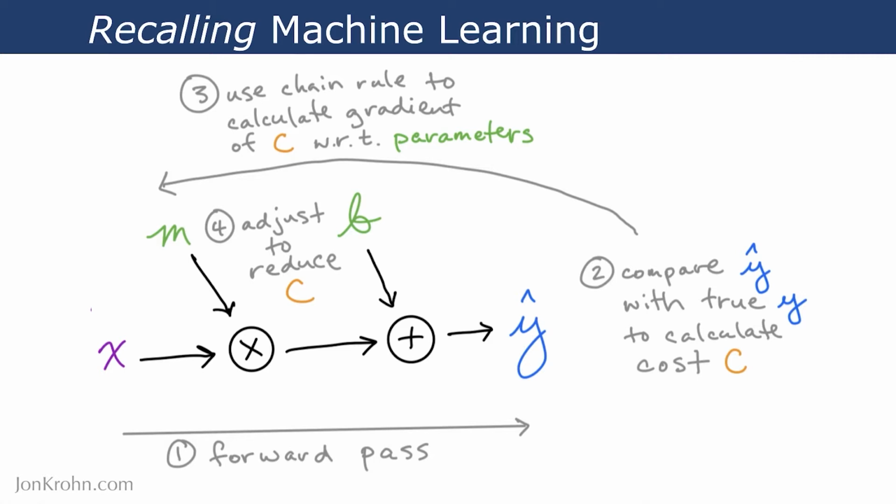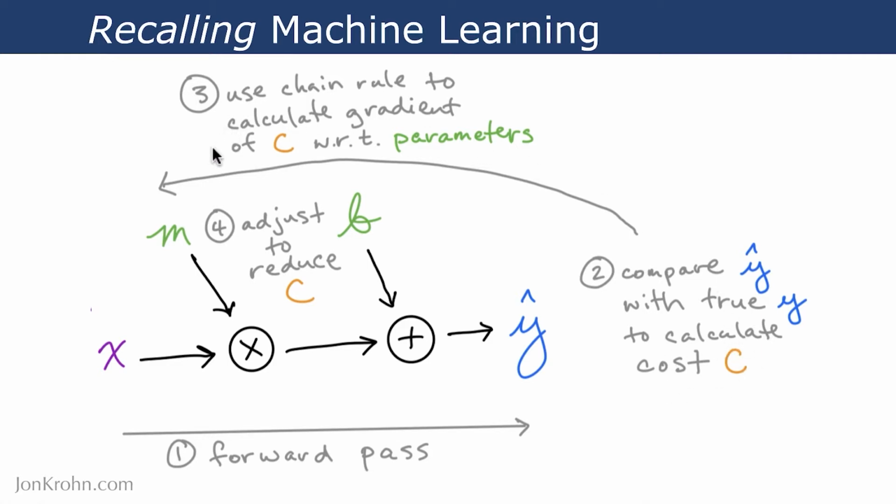In step 2, we take those y hat values, those estimates of what the output from the model should be, and we compare them with the true y values. And we calculate a quantification of how wrong we are at this particular point in time. And we call that cost.